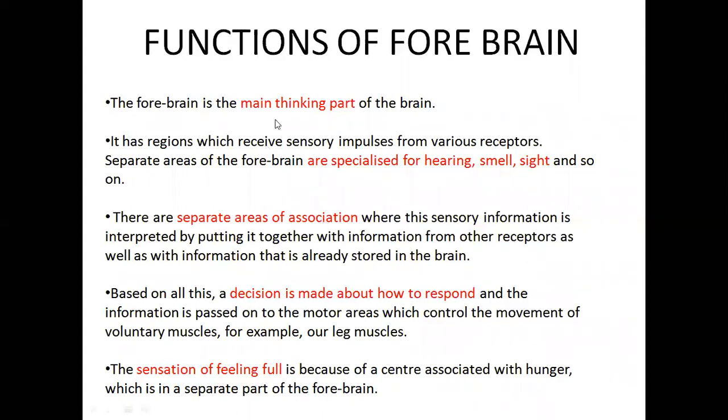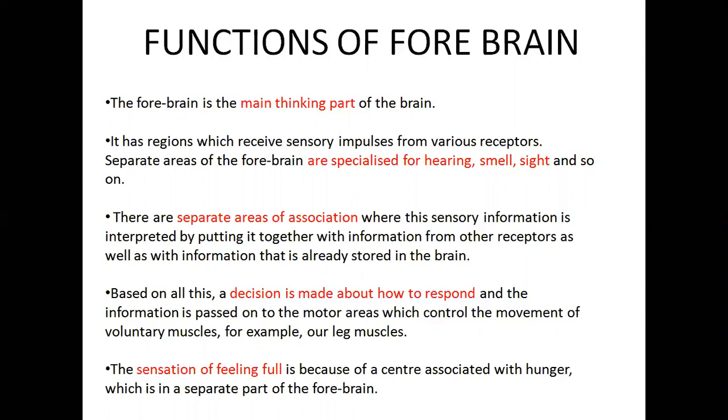Now let us discuss the function of the parts of the brain. So let us first take the forebrain. Forebrain is the main thinking part of the brain, and it has special regions to receive information from different sense organs. Like from the ear it gets the sensation of hearing, from the nose it gets smell, from the eyes it gets the impulses of sight. Once it gets all the information from different sense organs, this information is associated or put together in some other areas of the forebrain.